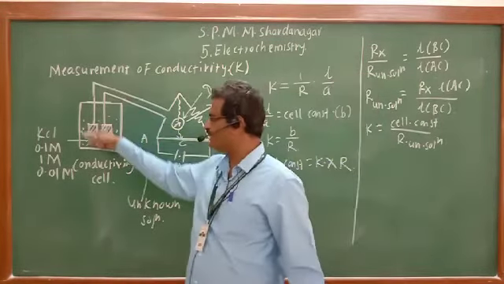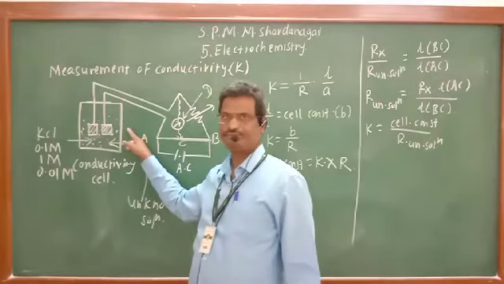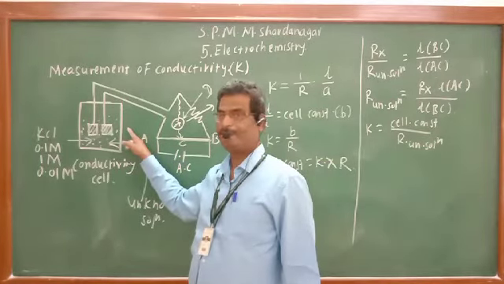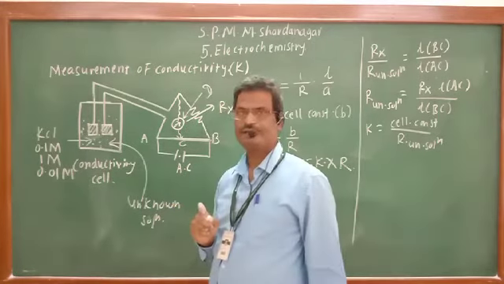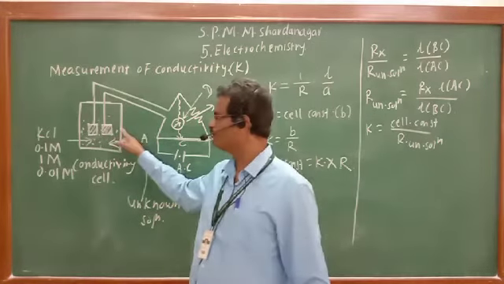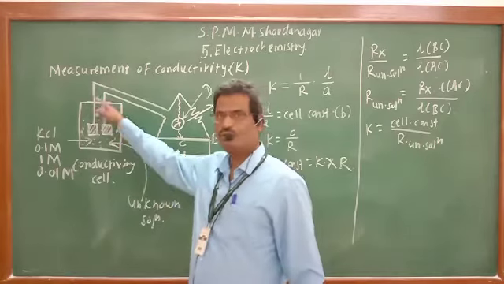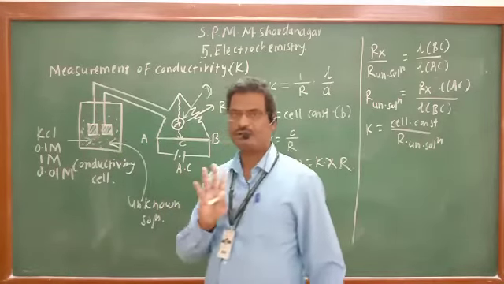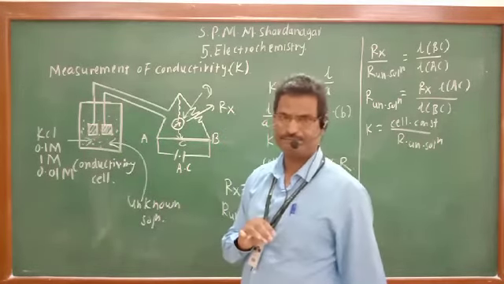Here this is nothing but the conductivity cell. What is conductivity cell? Conductivity cell contains a glass tube in which 2 neutral platinum electrodes, platinum plates, are placed.